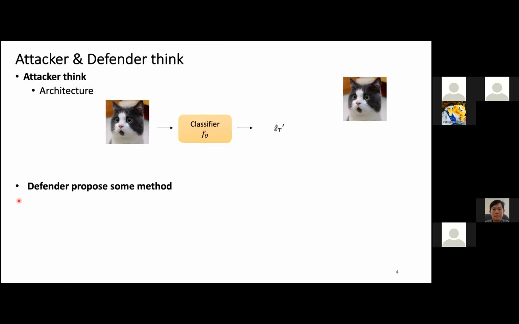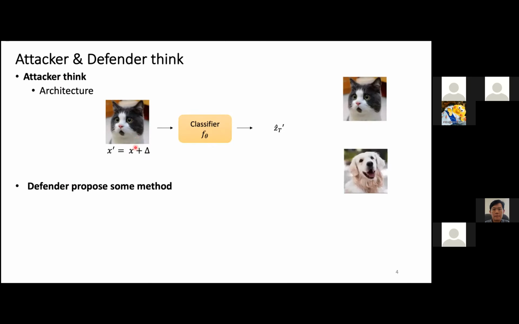So here we have a network. It's used for image classification and has high accuracy. So today, we put this image to the classifier, and it will correctly recognize that it is a cat. However, the attackers don't want to see this outcome.